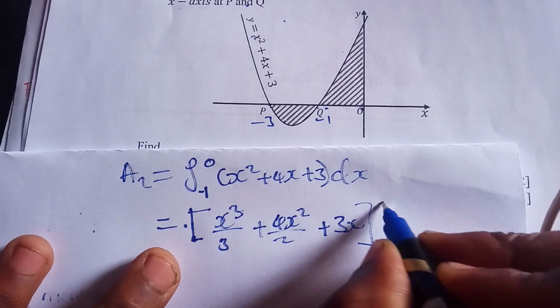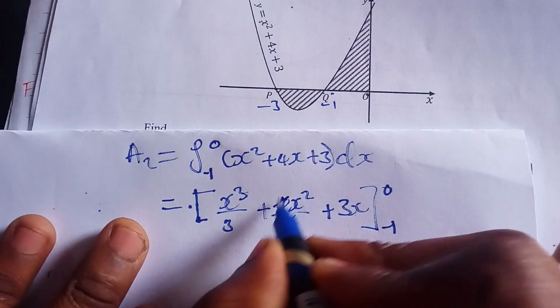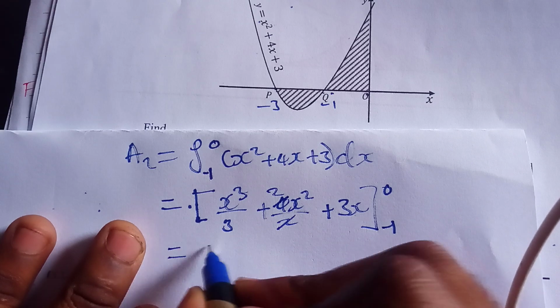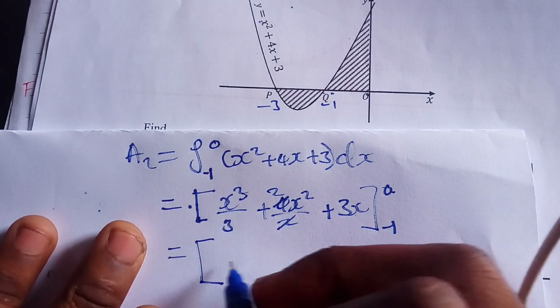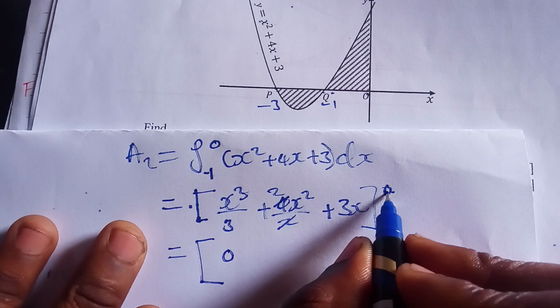So you have this, and then this is a 2, of course. Let's simplify it. And then you can substitute the x coordinates.